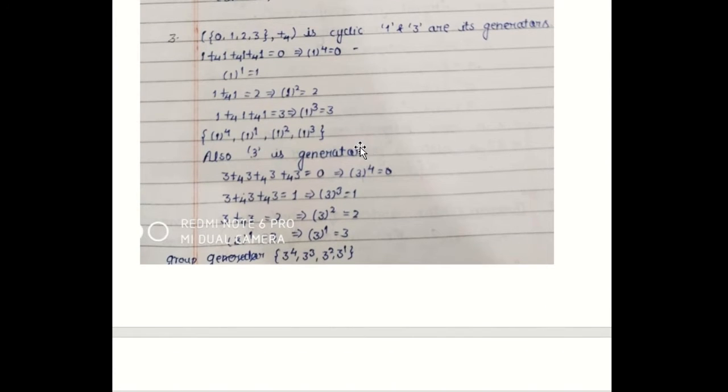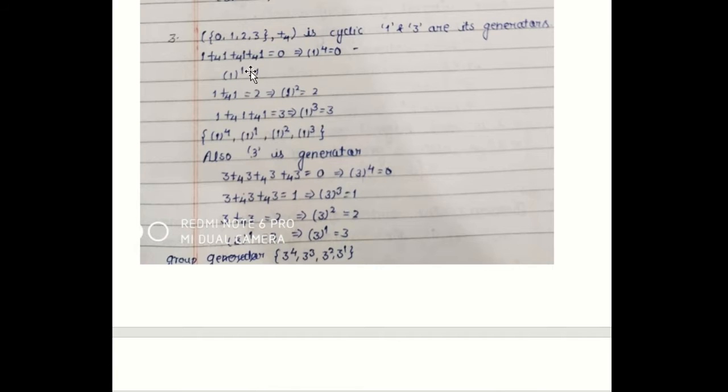Now we are taking an example of a group formed by addition modulo 4. You know the addition modulo operation very well, and I have explained it in my previous lectures regarding finite groups. Here the operation is addition modulo 4. So 1 plus 1 plus 1 plus 1 is 4, which is 0, so the identity is 1 to the power 4.